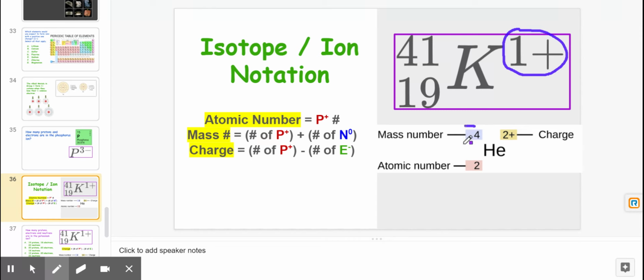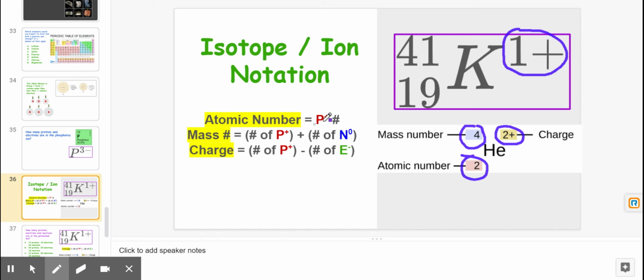You might have the mass number, atomic number, and charge around the symbol. The charge is always going to be in the superscript position on the top right. So that's the key for isotope ion notation.